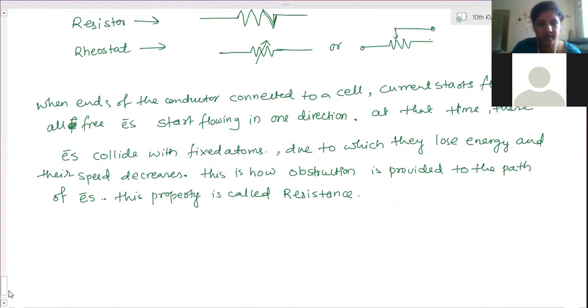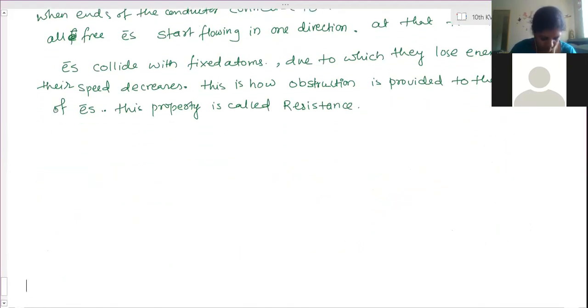So resistor part I have explained to you. Now finding the value of resistance. For that, the formula for resistance, calculation of resistance can be done.